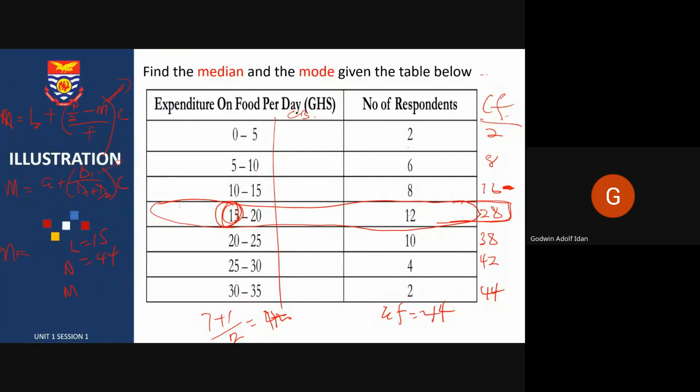So the cumulative frequency above the median class becomes 16, which means our m is 16. And then we go to f, which is the frequency of the median class, which is 12. The c is representing the class width, which is the difference between the upper class boundary and the lower class boundary.